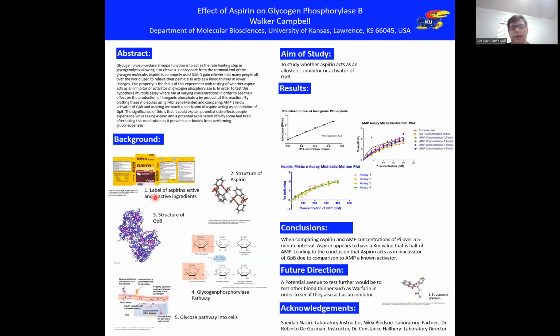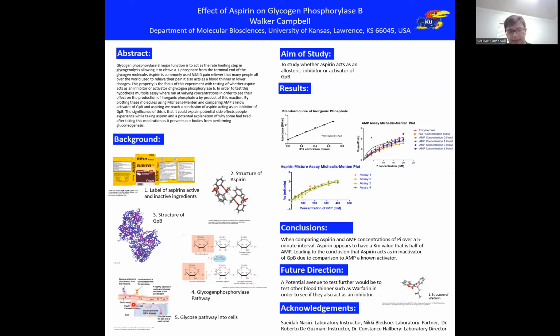the reaction from occurring. I also provided the structure of what aspirin looks like, as well as the structure of the enzyme of interest, and then a slight overview of how glycogen is converted into glucose 1-phosphate by glycogen phosphorylase, and this is the overall reaction.